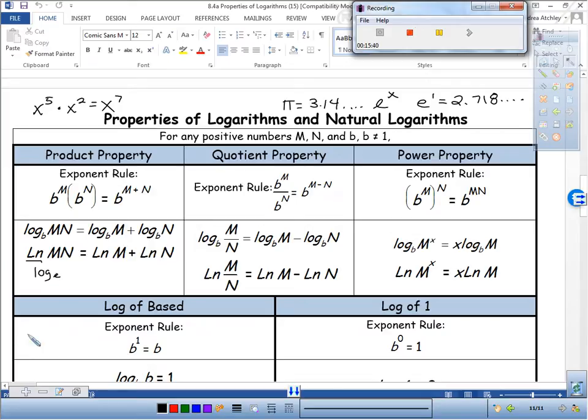And we'll learn more about e in this chapter, because it helps with compounding interest and stuff. So ln is the natural log, and the properties work the same with ln and log. We'll use log and natural log more throughout the chapter.